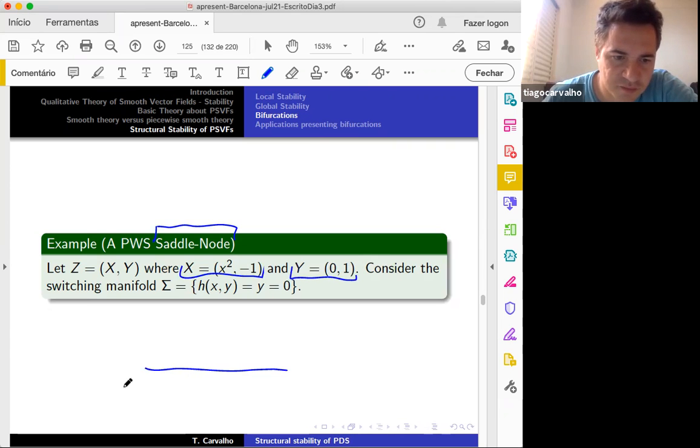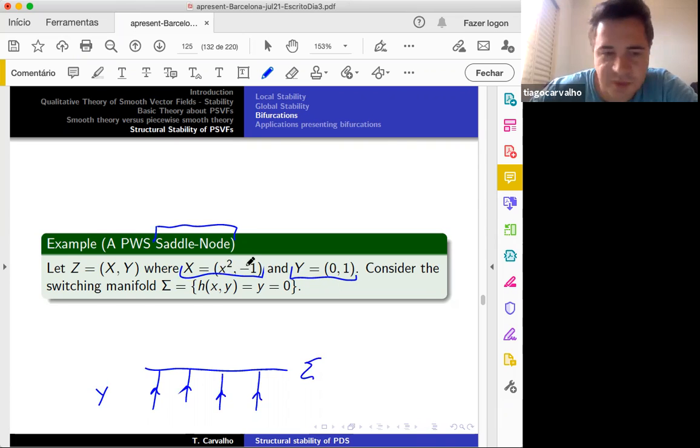We have a vector field Y. This is easy to write. This is a transversal vector field to sigma, and this is another one, X, such that for x equals 0, this vector is equal to (0, -1).